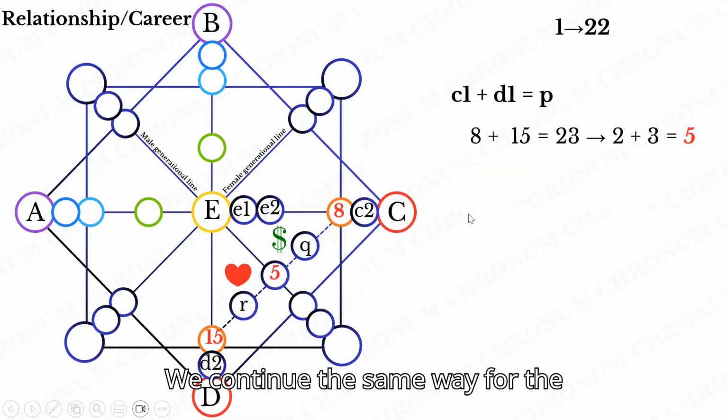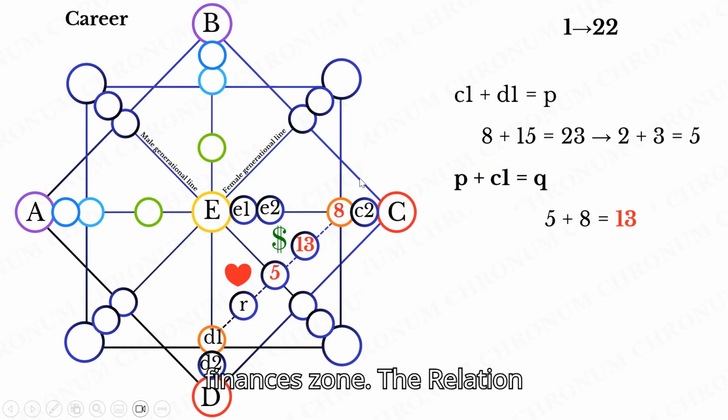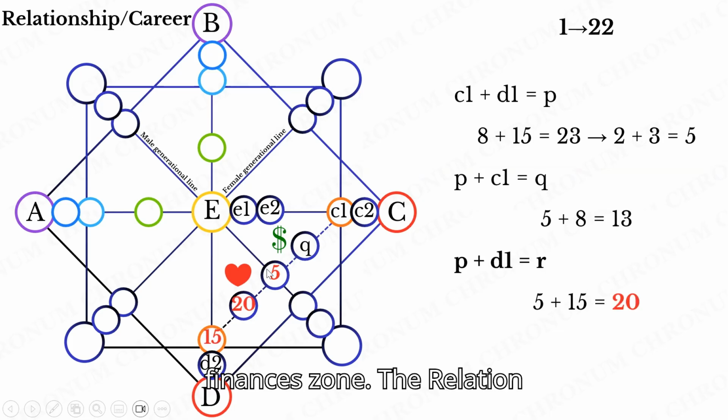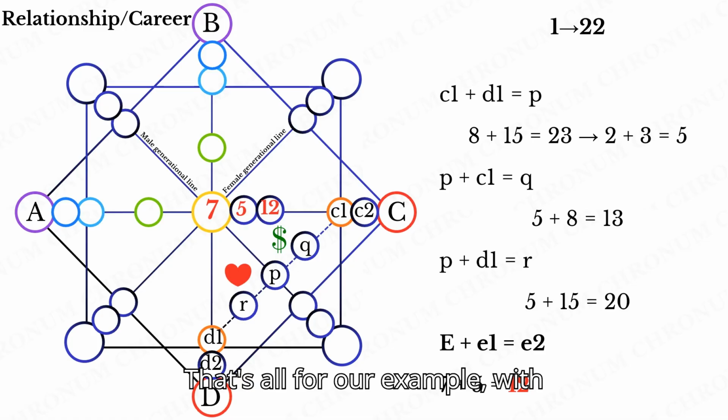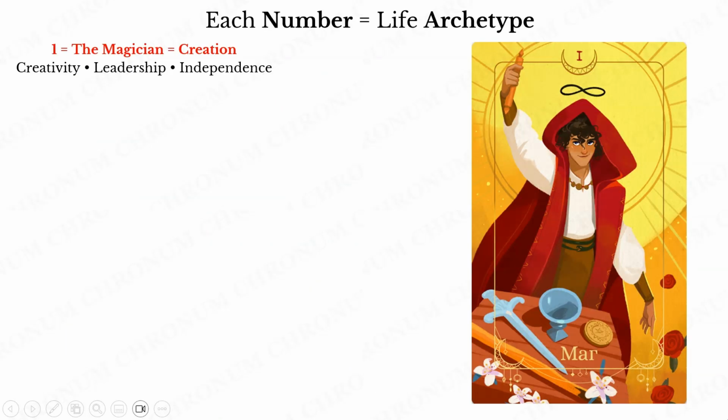We continue the same way for the finances zone, the relationship zones, and the number in E2. That's all for our example with a person born on May 29, 1981. Next, we'll move on to the description of each number.